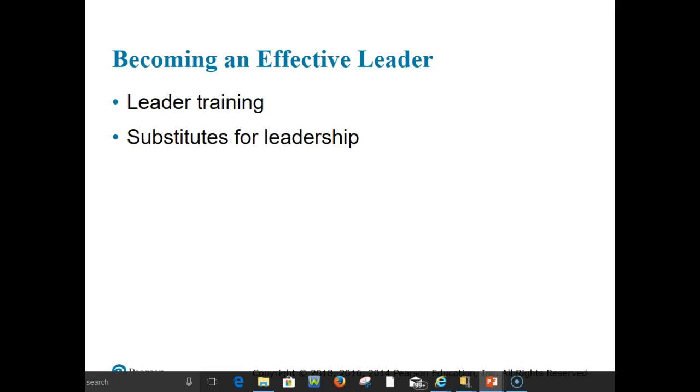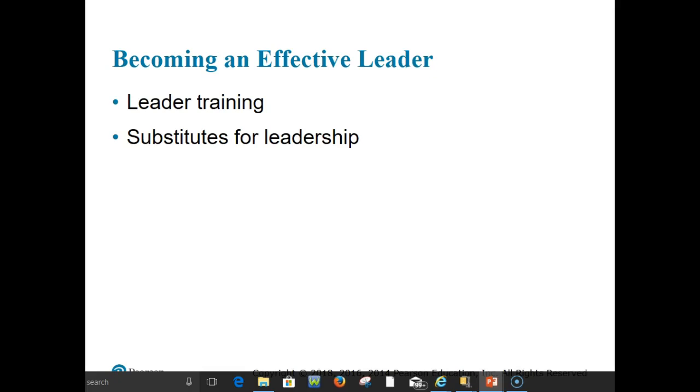Certain individual, job, and organizational variables can act as substitutes for leadership, negating the influence of the leader. For instance, follower characteristics such as experience, training, professional orientation, or need for independence can neutralize the effect of leadership. Now, these characteristics can replace the employee's need for a leader's support or ability to create structure and reduce task ambiguity.